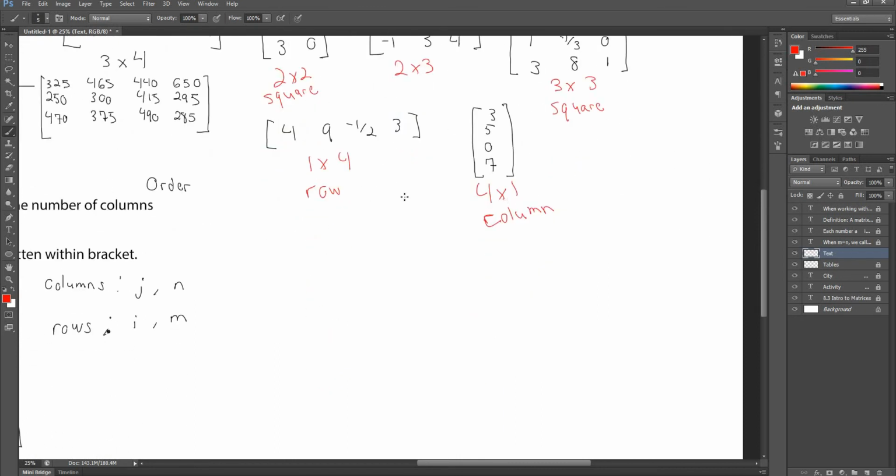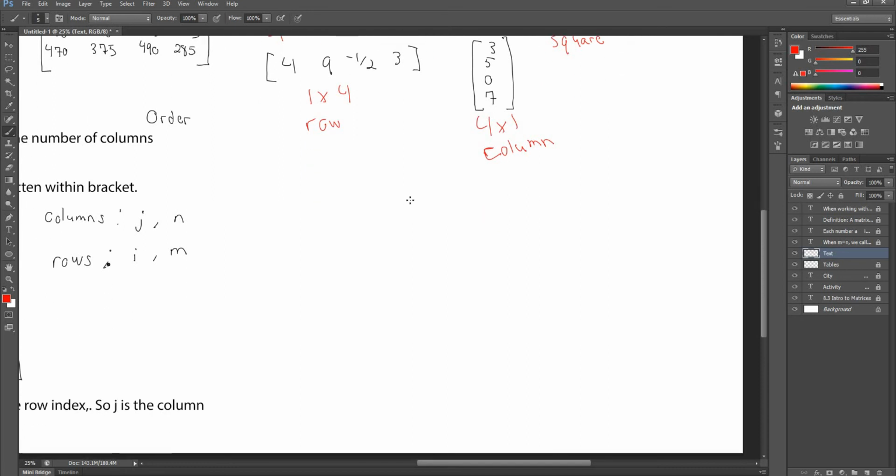Now we can have different types of matrices, and this one is where it gets important for what we've been doing, tying into 8.1 and 8.2.